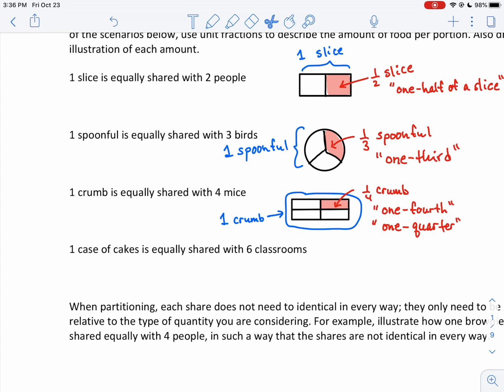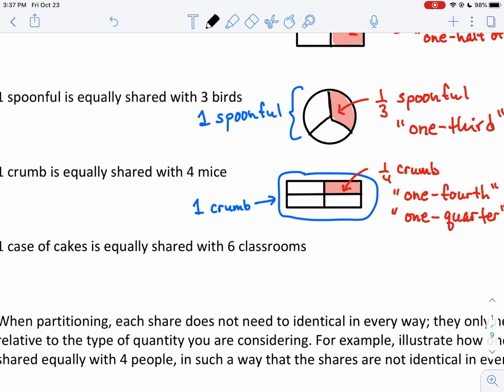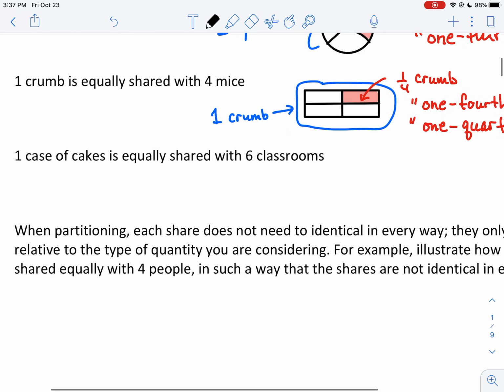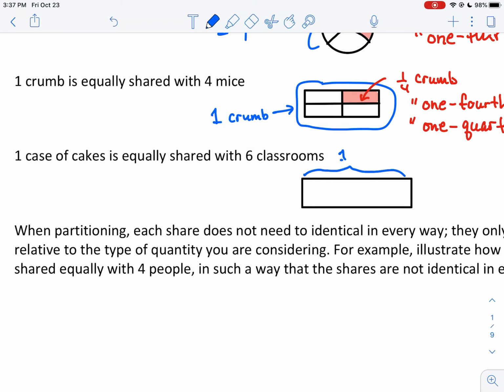Now let's do a case of cakes is equally shared with 6 classrooms. And I'm going to go with a rectangular representation of the case of cakes. Notice it doesn't say how many cakes are in the case, or that doesn't really matter in our thinking right now. So this whole block right here, we're going to say represents 1 case.